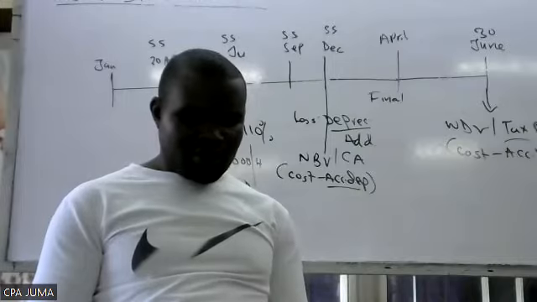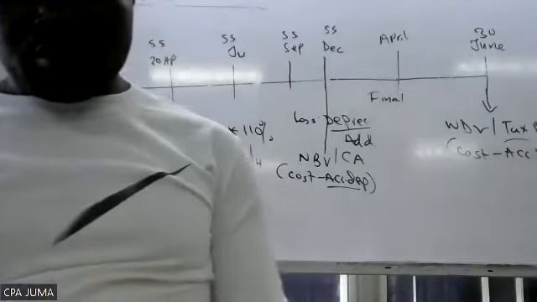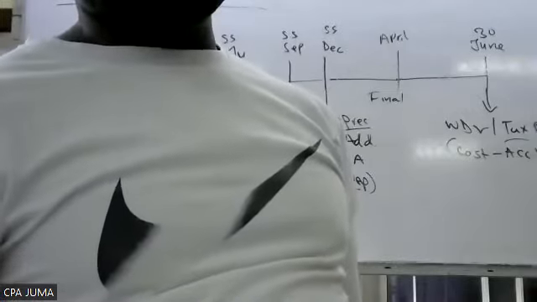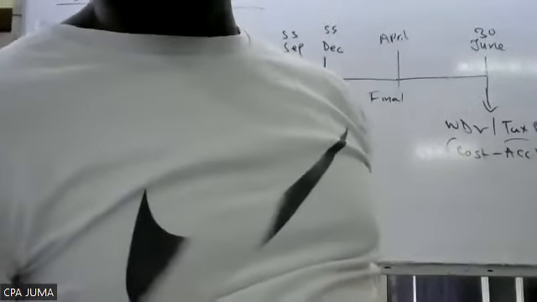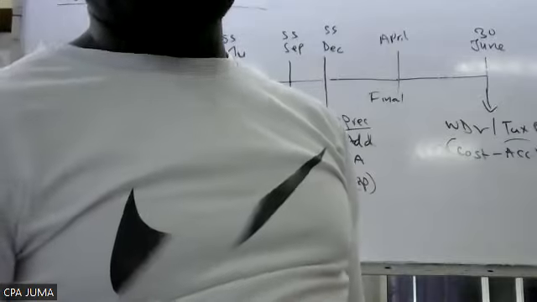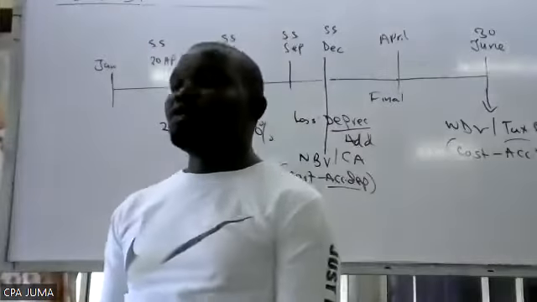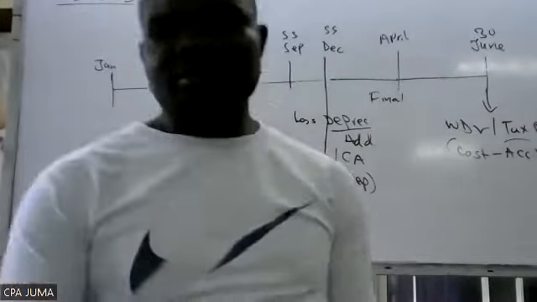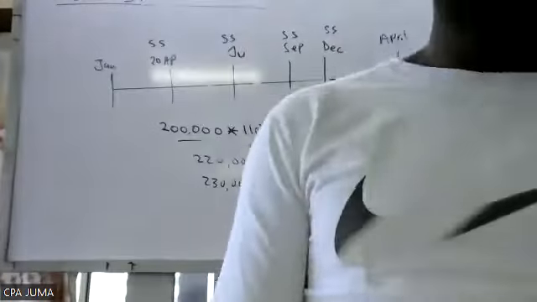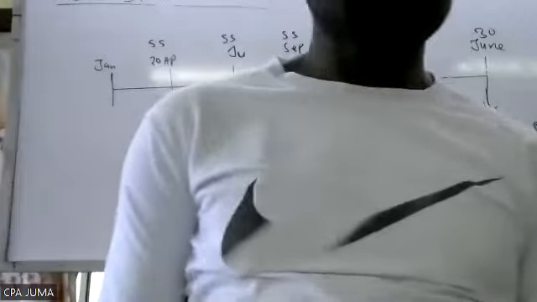Tax base is the written down value, the amount attributable to an asset or liability for tax purposes. Full stop. As simple as that.